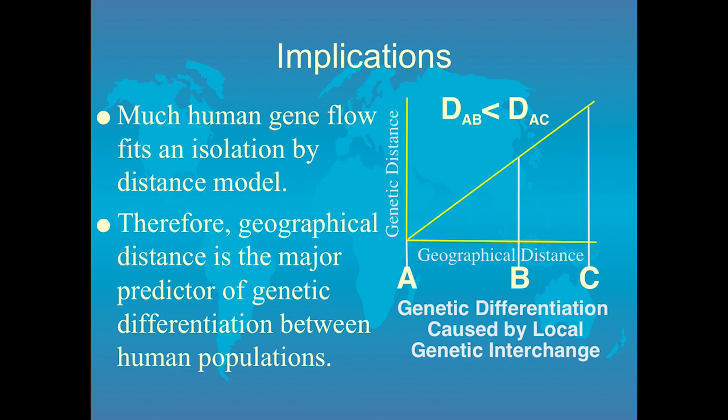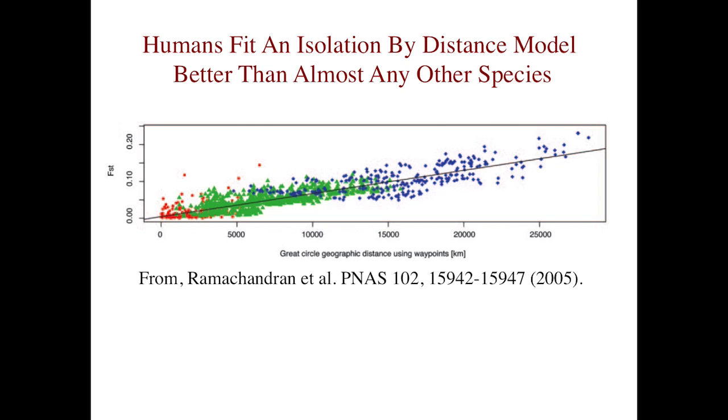And this also means that geographical distance is the major predictor of genetic differentiation between human populations. So here's just one study that was published a few years ago in PNAS, and it plots the genetic distance between pairs of human populations on one axis with the geographical distance, using waypoints, on the other to constrain most movements across land as opposed to going across oceans.